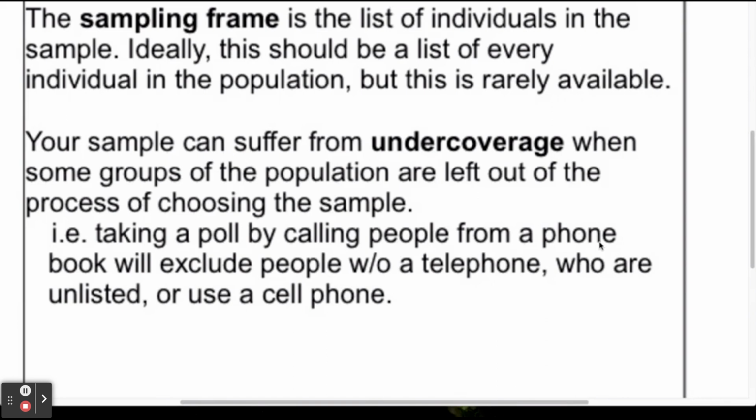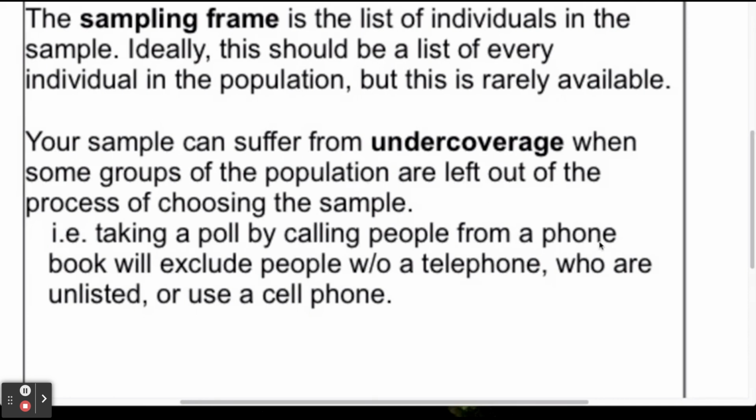We had an example of this way back in Chapter 3. I don't necessarily expect you to remember this, but it was on the homework. There's an example where people were going around to different houses in the city of Minneapolis and asking if families baked their own bread. I think they went to like 500 different houses, which is a decent sample.